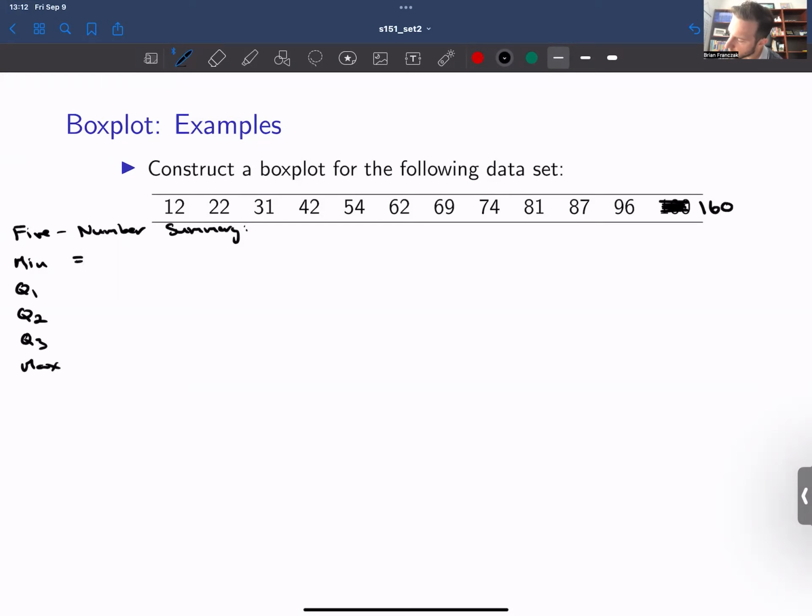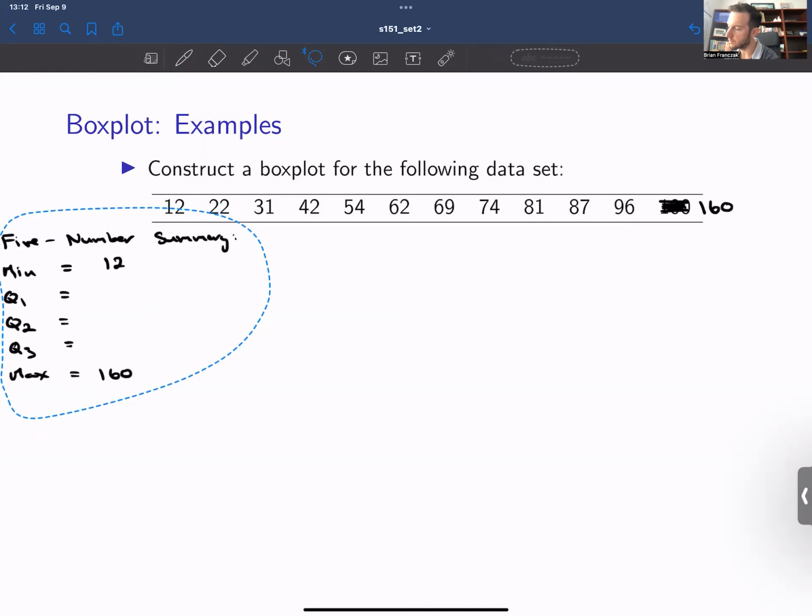Okay. So our starting point will be just to fill out the 5-number summary. The minimum and the maximum are obvious. They are 12 and 160. We can see why this is true, given that the data is already ordered from smallest to largest value for us before we even started the problem.